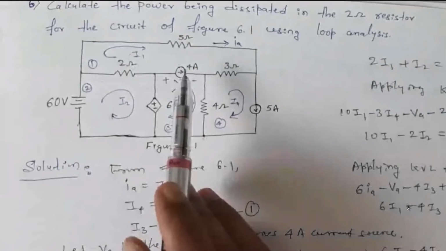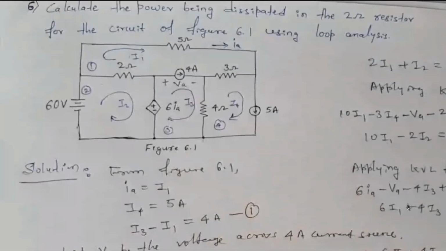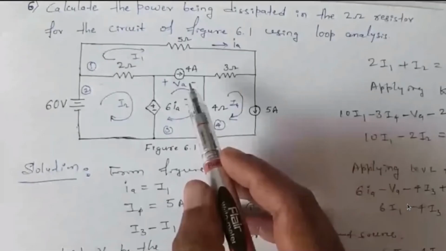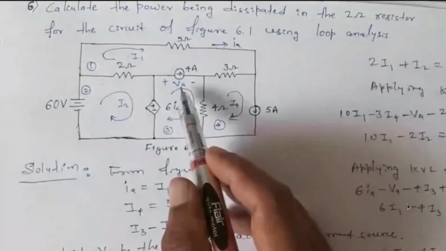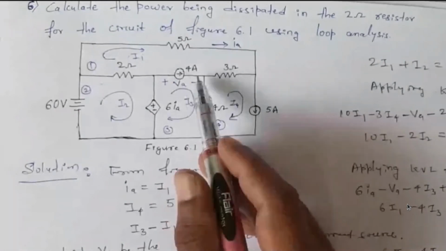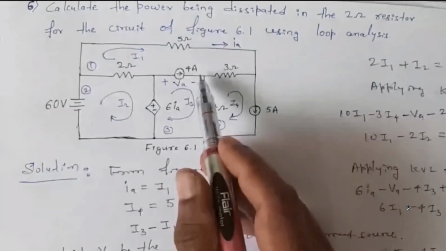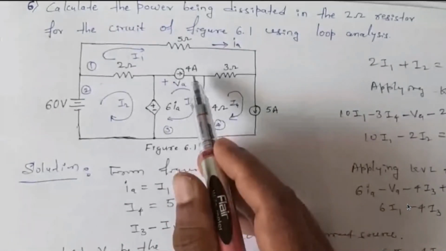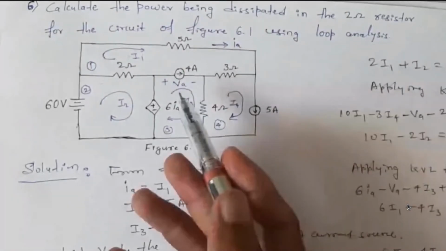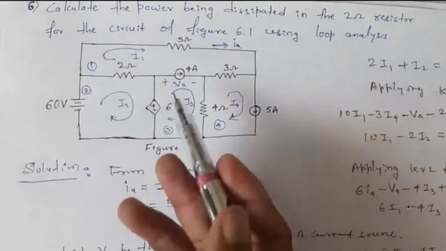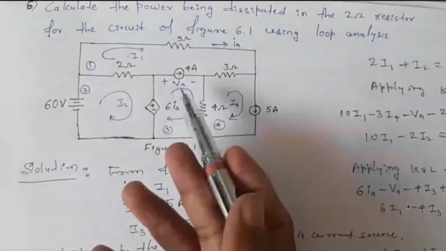Dear students, if there is a current source in a branch, we cannot apply KVL directly. That's the reason I considered some voltage VA across this 4 ampere current source. We don't know what that VA is right now. If you want, you can solve for VA later, but that is not required for us.